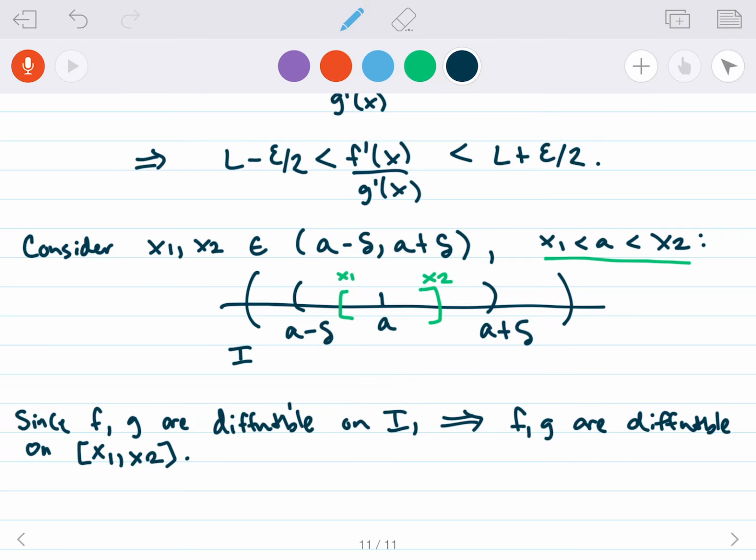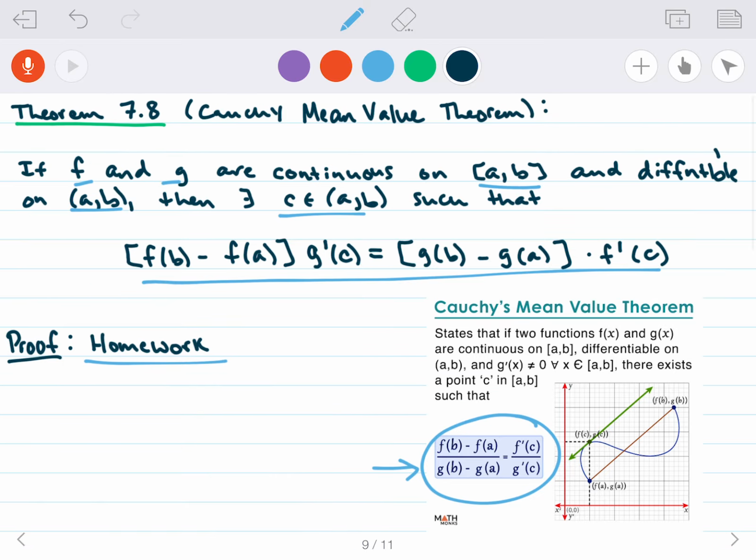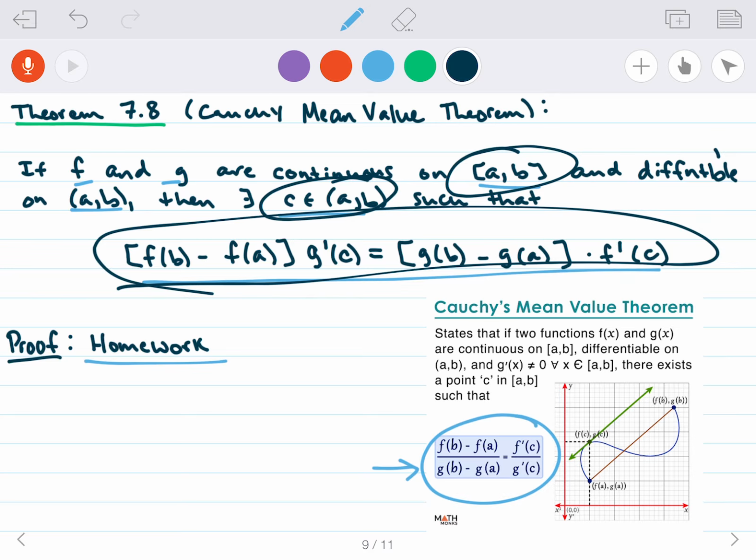Now we're going to use what I didn't prove here, which is the Cauchy mean value theorem. By the Cauchy mean value theorem, because f and g are differentiable on x1, x2, hence continuous, there is some value in between x1 and x2 for which this holds, just replacing A with x1 and B with x2.